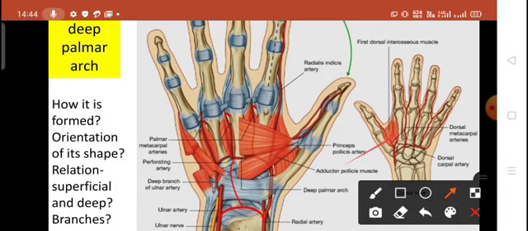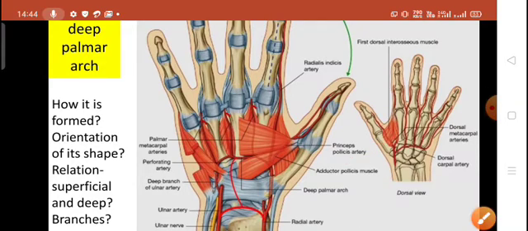Here the artery passes between the two heads of the first dorsal interosseous muscle, at the level of the proximal end of the first intercarpal space. Then this artery comes into the palmar aspect of the hand.